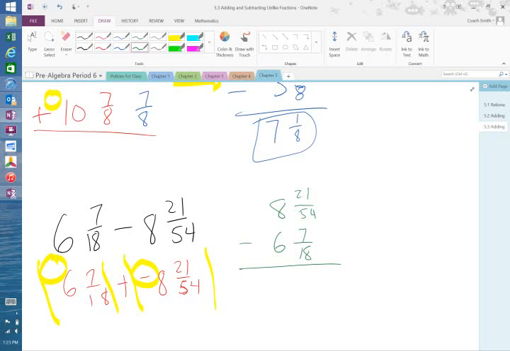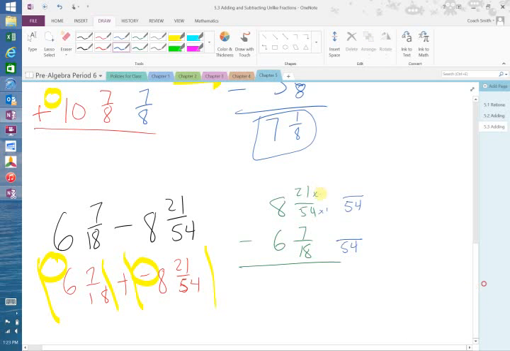The common denominator between 54 and 18 would be what? 54. So that's a 54 there and a 54 here, multiplied by 1 there, so I've got to multiply by 1 there. Be 21. Multiplied by 3 here, multiplied by 3 here. Be what? 21.